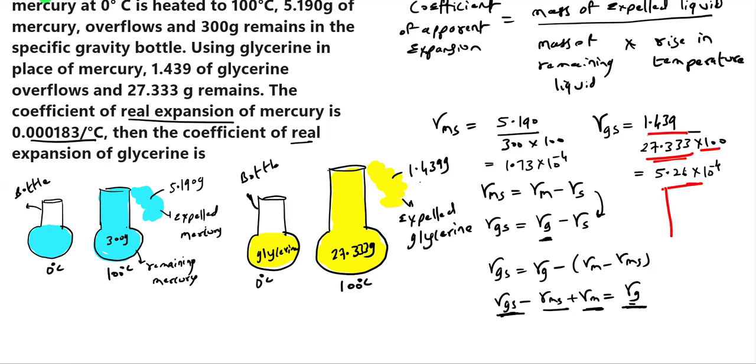So these values we will substitute here. Let me solve further. Gamma GS will be 5.26 into 10 to the power of minus 4, minus real expansion of the mercury, 1.8 into 10 to the power of minus 4.